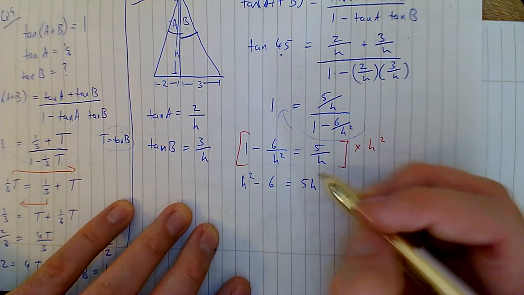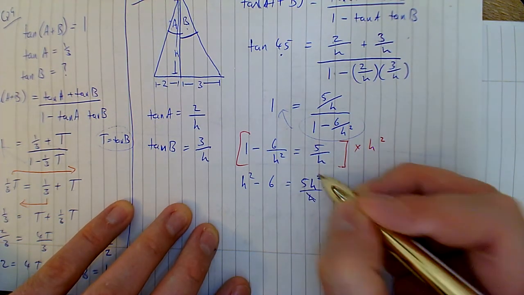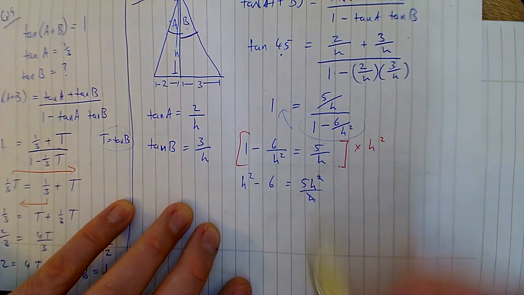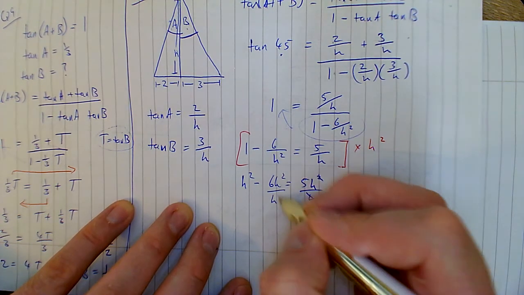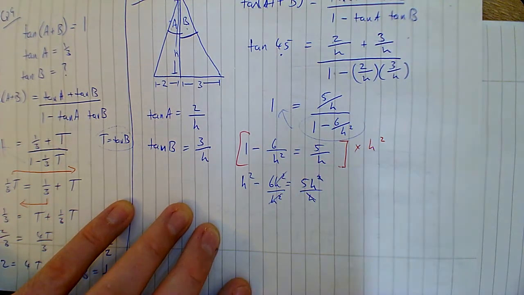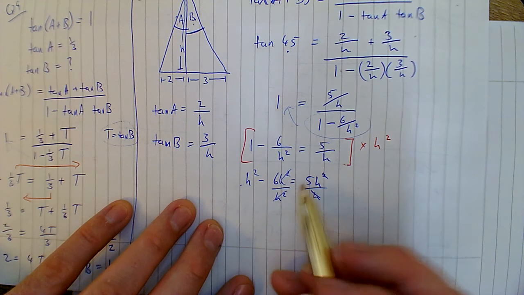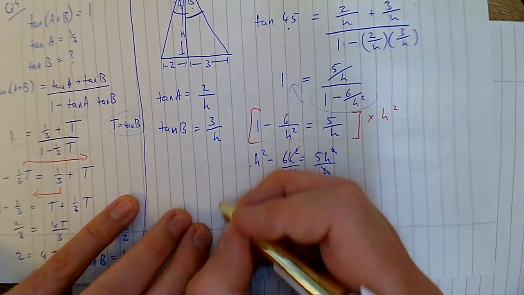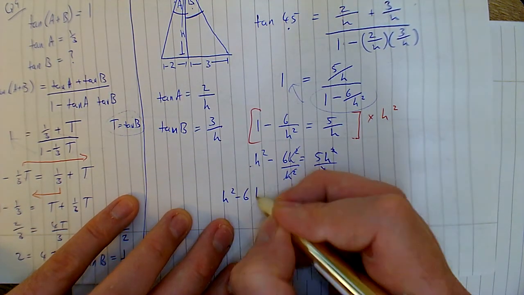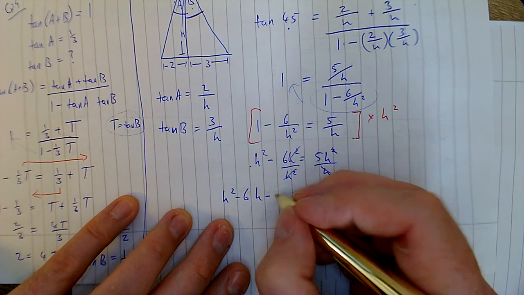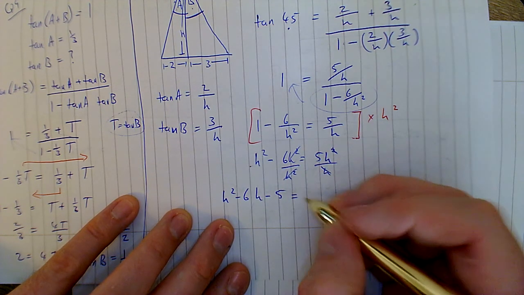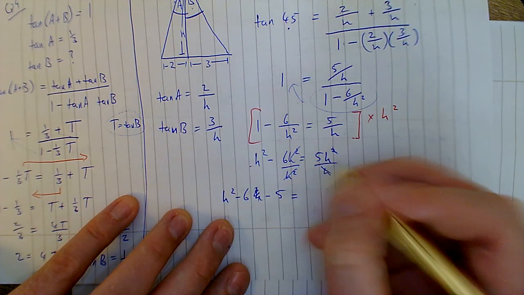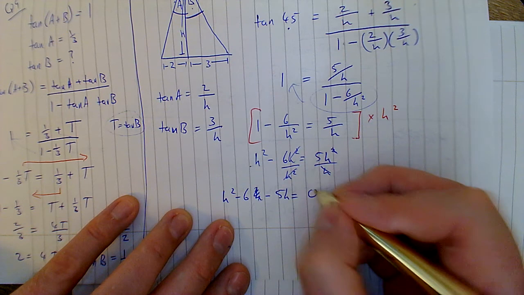Okay, if you want to say 5h squared over h and cancel the h's, you can do that. 6h squared over h squared and cancel the h squareds, you can do that as well. Either way though, you get yourself this quadratic, and moving the 5h over, you get h squared minus 6h minus 5 equals 0.